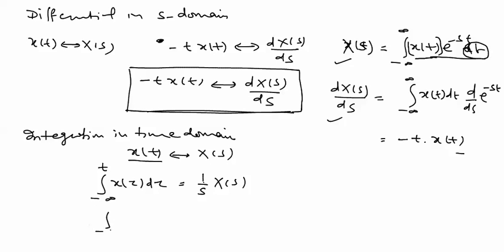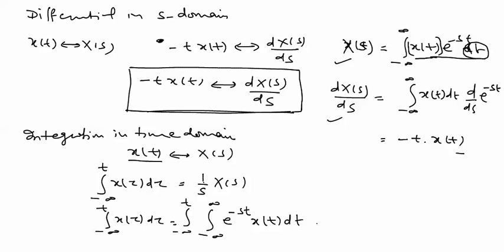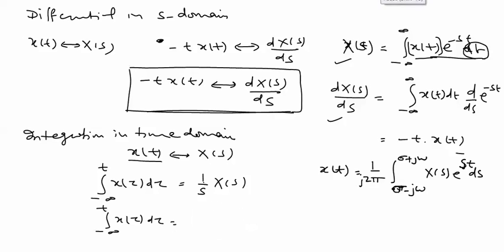How is it possible? By writing the complete formula: integral from minus infinity to infinity of e power minus st dt, with integration from minus infinity to t, integrating with this function.